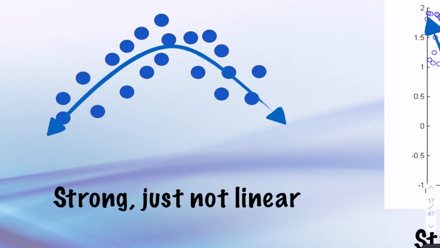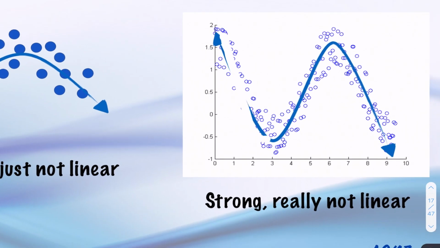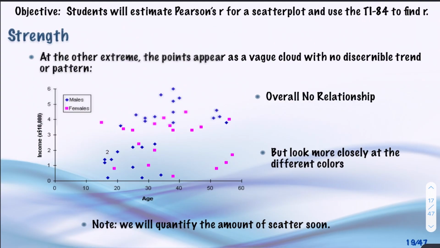Our second, our curve, is a strong quadratic relationship. It's just not linear, as we can see. And then our third, which is like a sinusoidal wave function, maybe a polynomial, could be either, is a strong relationship. There's a model that definitely fits that, but it ain't linear. And because our focus is only about lines, we are going to have to adjust those if possible, or just say that it is not a linear relationship.